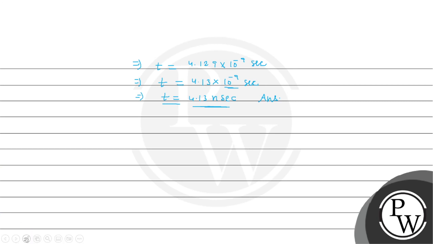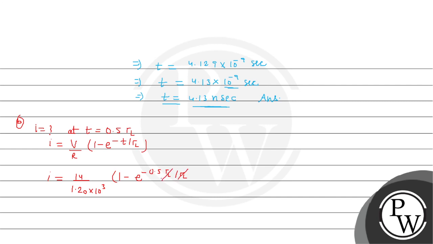Now for part B, we have to calculate the I value at t equal to 0.5 tau L. We know I is given by V by R times 1 minus e to the power minus t by tau L. Substituting all these values, V is 14 volt, R is 1.20 multiplied by 10 to the power 3, 1 minus e to the power minus 0.5 tau L by tau L. Tau L and tau L cancel out.